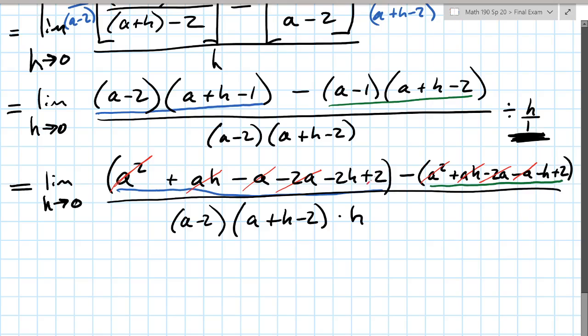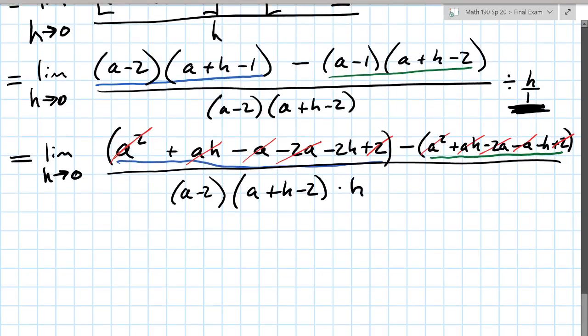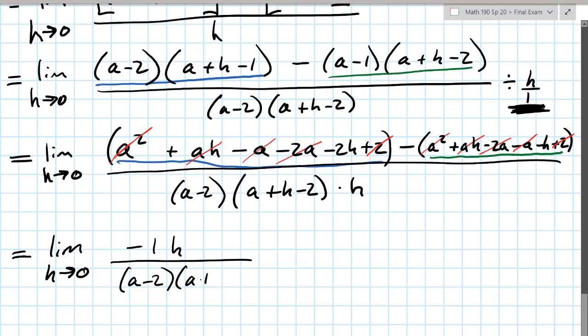I've got a positive 2 and a negative 2. These last two pieces aren't going to cancel out, but they are like terms, so we will combine those like terms. So I've got negative 2h and then a positive h, bringing it to negative 1h up top. The denominator, I'm just going to copy down again.